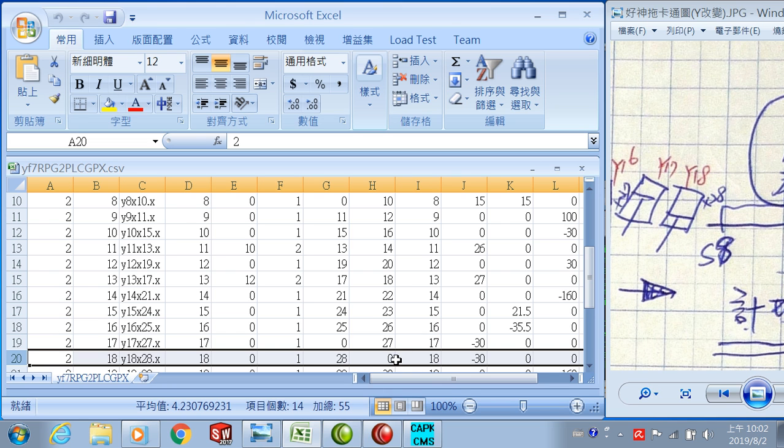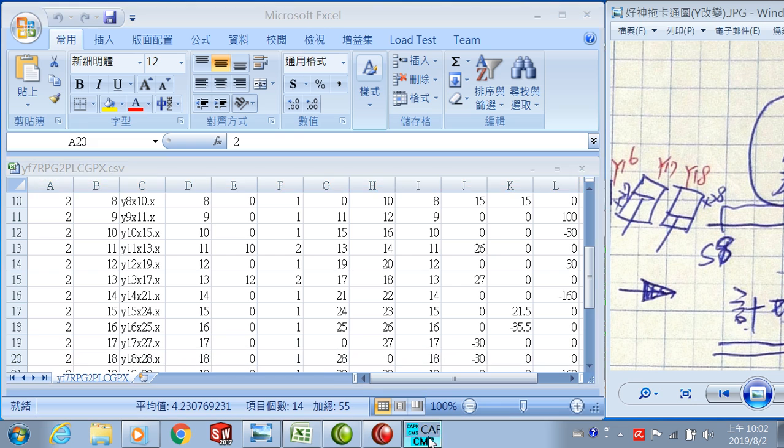The upper limit sensor, nothing. Actuated by Y18 opened. The moving distance is toward the left, the minus S direction, 30 millimeters.